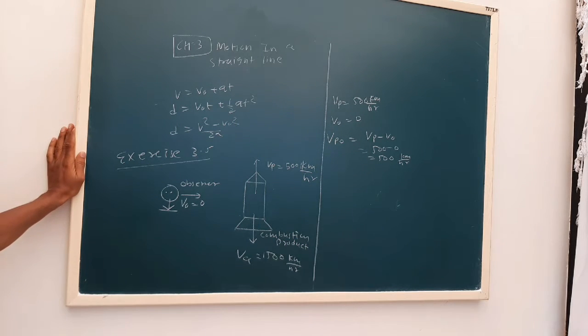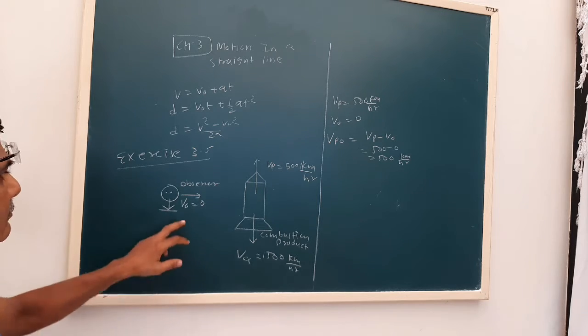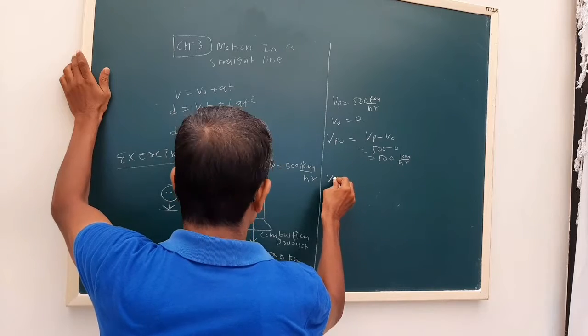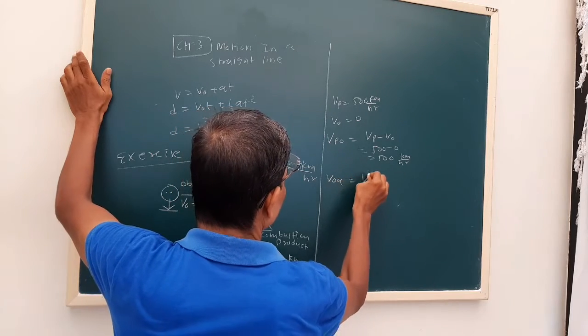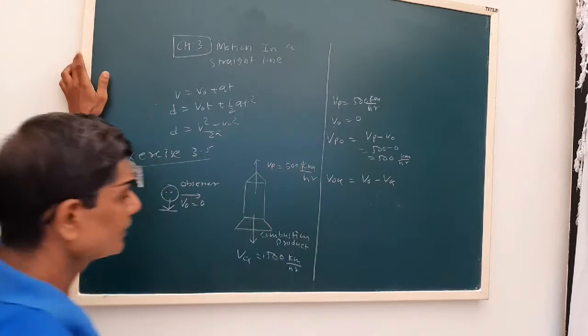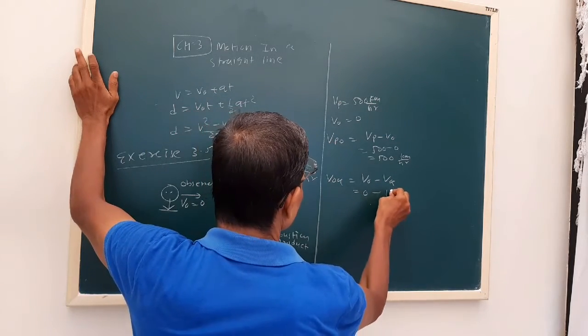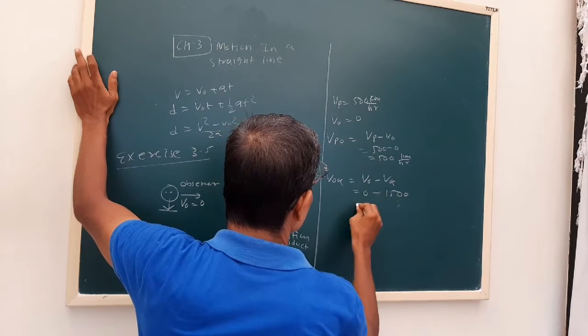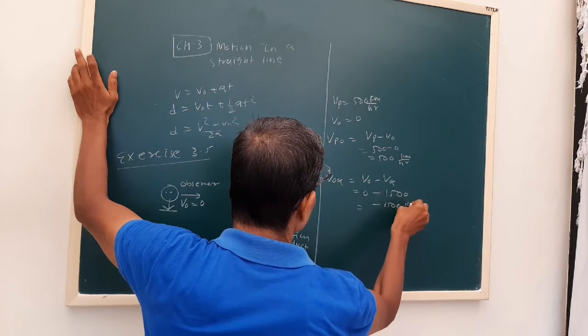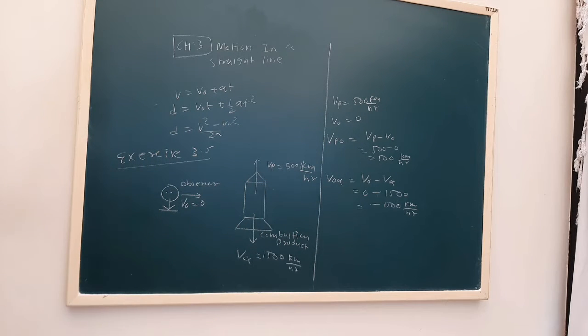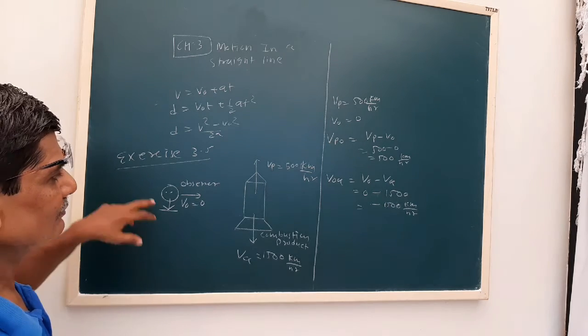Now what is the velocity of the combustion product with respect to the observer? O is for observer and G is for gases. Then what is the velocity of the combustion product with respect to the observer?